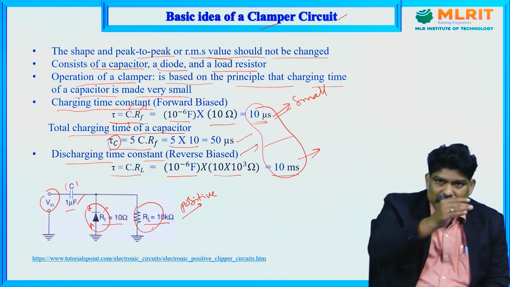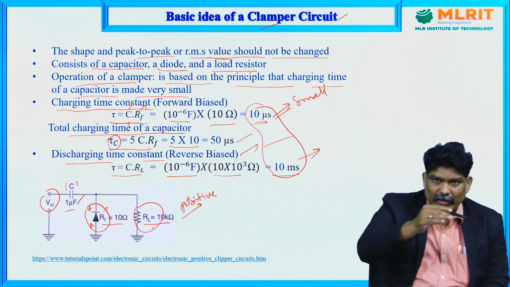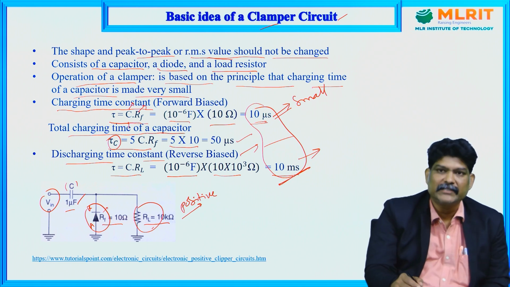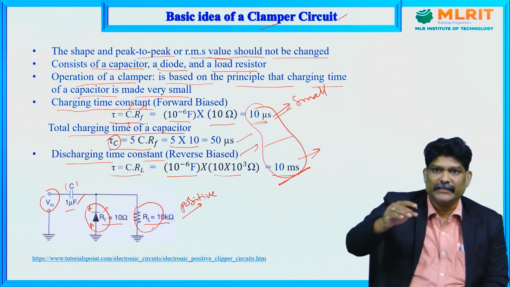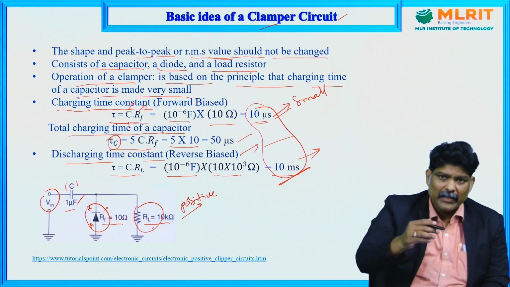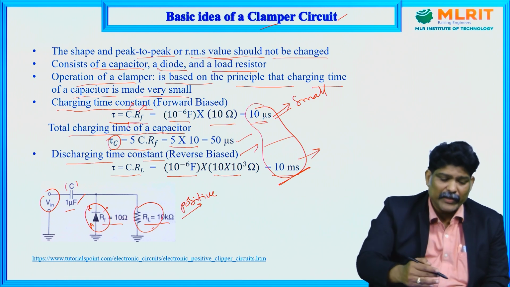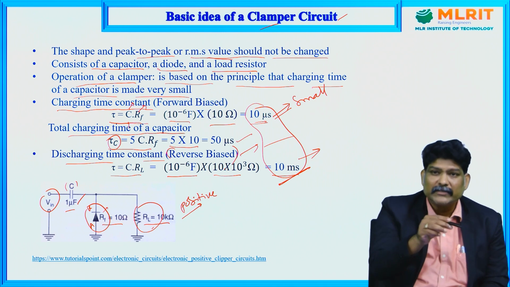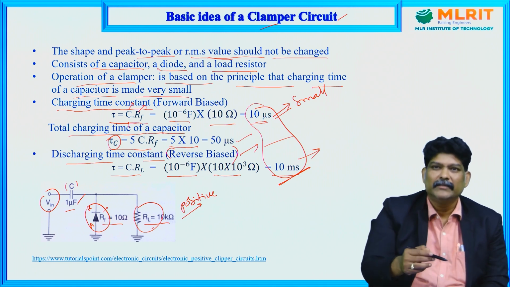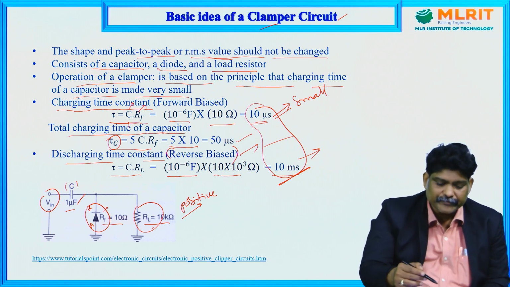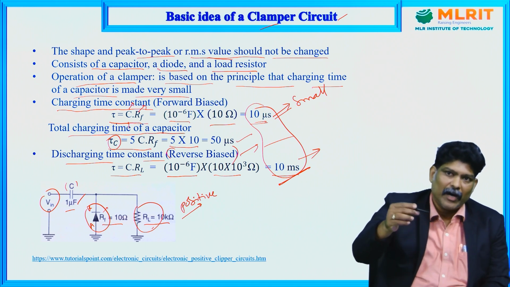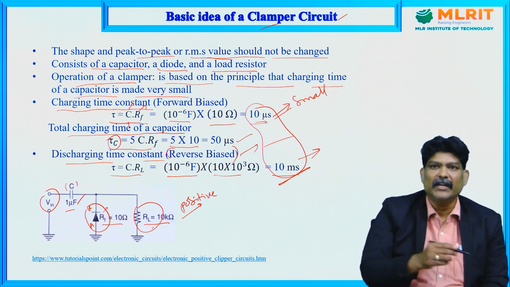So the capacitor discharges slowly. That means during the negative half, during reverse bias also, the voltage across the capacitor remains the same. Slow discharging means that in that time the diode output will appear across the load resistor.